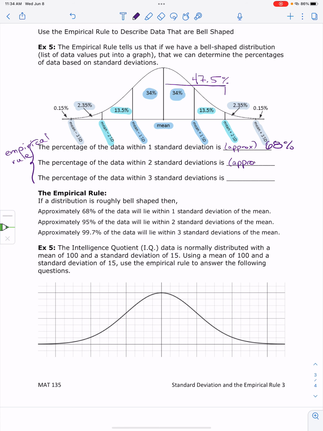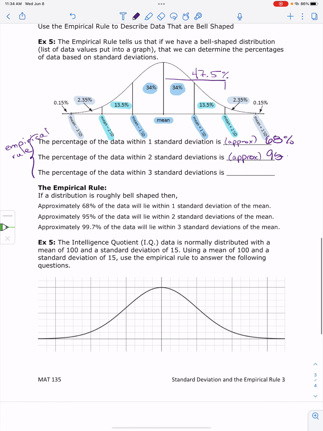We can capture approximately 95% within 2 standard deviations of the mean, and then approximately 99.7% within 3 standard deviations. And these are the accepted values here. And you see that empirical rule stated again below. Okay. So I'll highlight this for you so you can find it. And then let's talk about how we're using this.